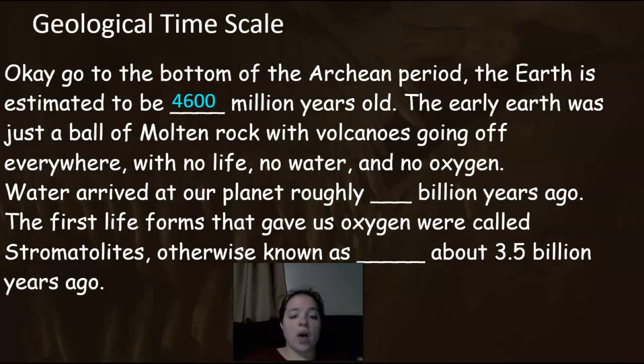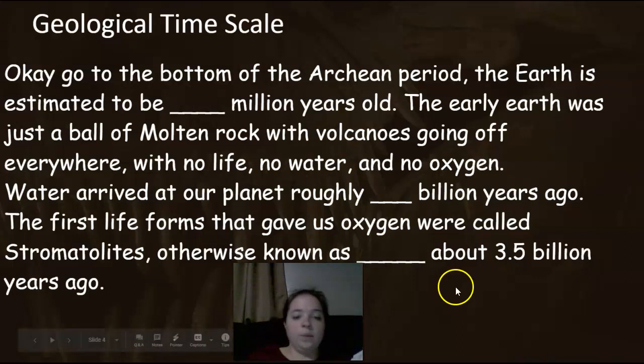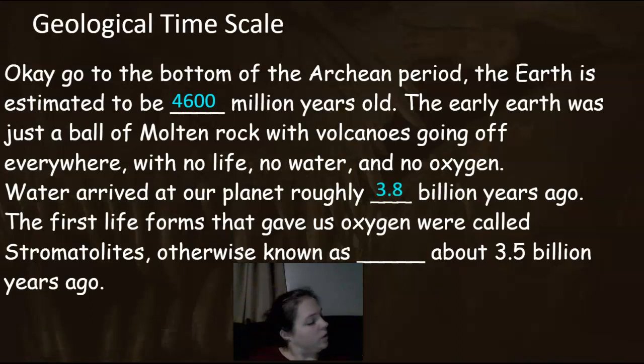Water arrived at our planet roughly, it doesn't say it, but it is roughly 3.8 billion years ago. It says evidence of biological carbon, earliest stromatolites, oldest microfossils.